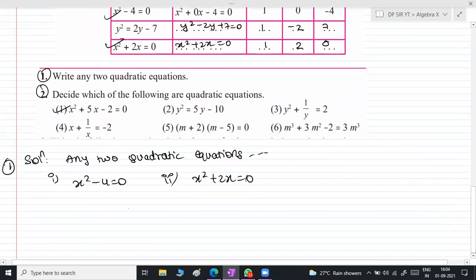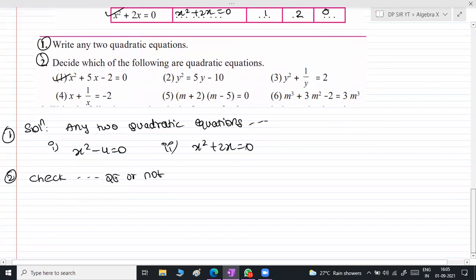What I've been asked in the second question is, decide which of the following are quadratic equations, isn't it? So when I talk about which of the following are quadratic equations or not, second question, check whether they are quadratic equations or not. So again, a very simple question.